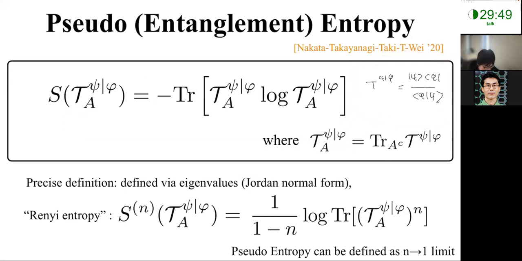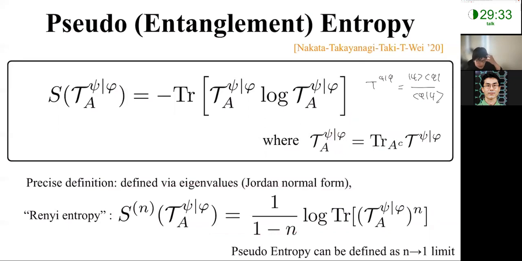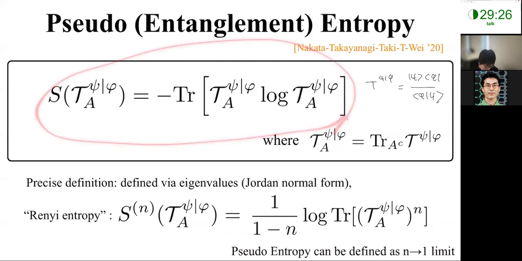So to be precise, we define this quantity from its eigenvalues, or in other words, we can use the Jordan normal form. More precisely, we start from the Rényi version of this entropy using this expression, and taking the n to 1 limit, assuming the analytic continuation, we formally obtain this expression. Okay, this is the definition.